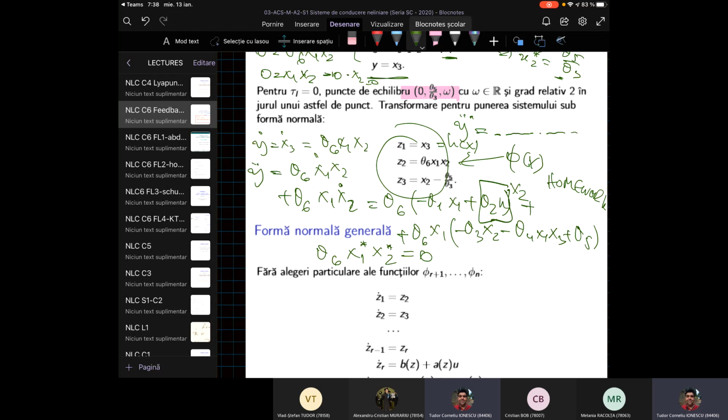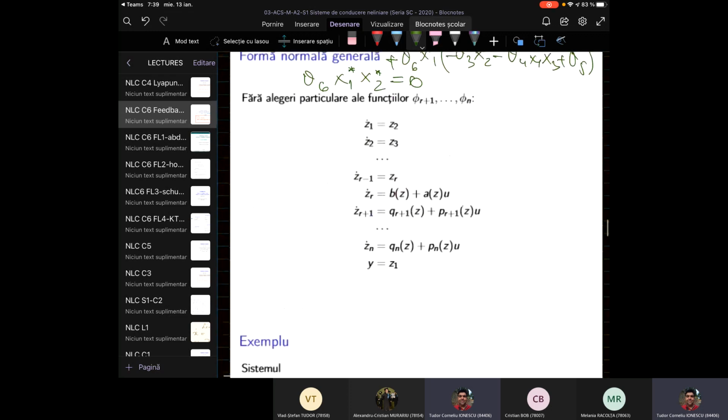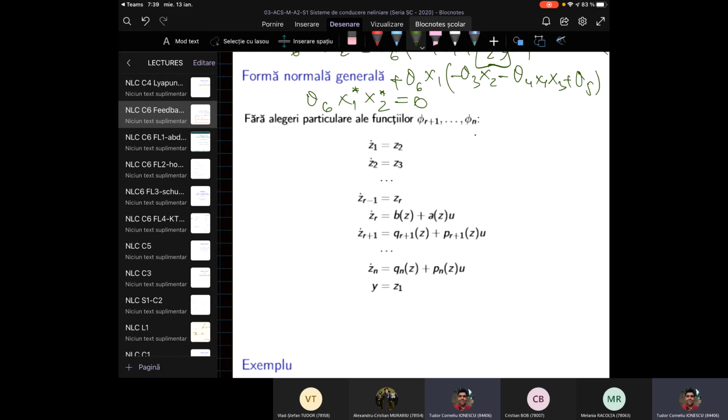Because now you just need to substitute this into this, substituting a coordinate transformation. If you do not choose these functions to have the property that L_G L_F using these phis are not zero, so you choose them as any functions, you get this.